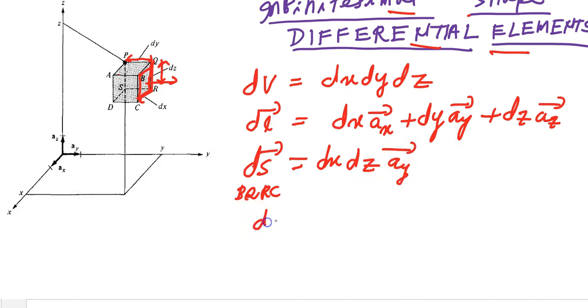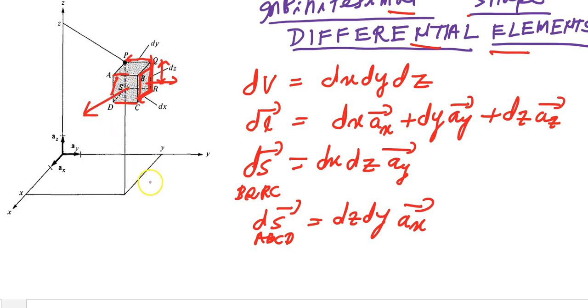Similarly, you can find ds. For example, I want to calculate the ds for the surface A, B, C, D. So what will that be? dz dy, then ax along this direction.